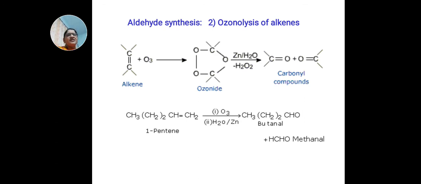For example, suppose 1-pentene, that is CH3CH2CH2CH double bond CH2. Name of this compound is 1-pentene.